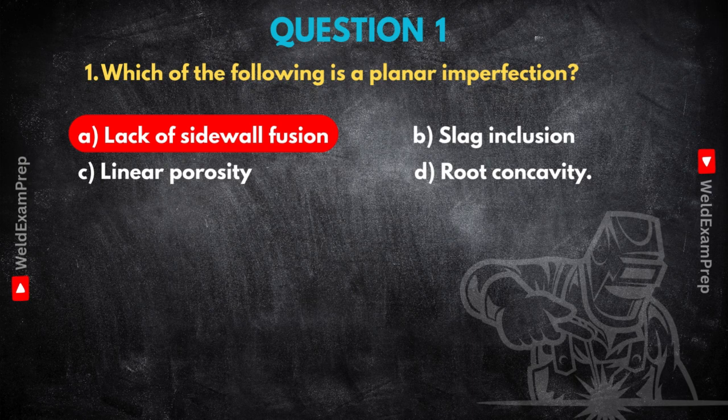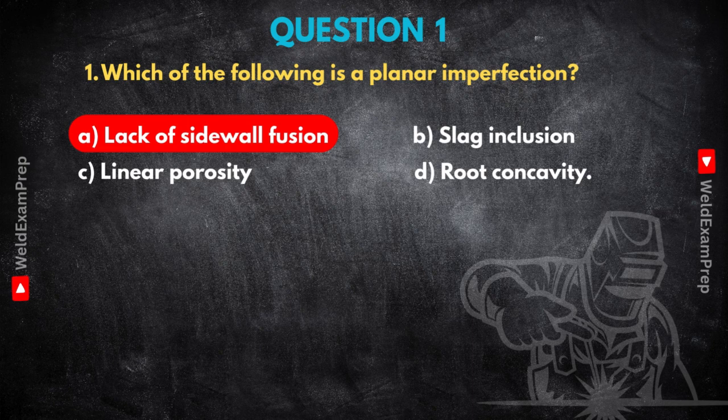Okay, and the others, why aren't they planar? Well, let's contrast it. A slag inclusion is a trapped piece of non-metallic material, usually volumetric, with an irregular shape. Linear porosity is a series of small, separate gas bubbles. Even if they line up, they're still individual volumetric voids, little bubbles. Got it. And root concavity, while it can be serious, is a surface depression at the weld root. It's not that sharp internal planar discontinuity we talked about.